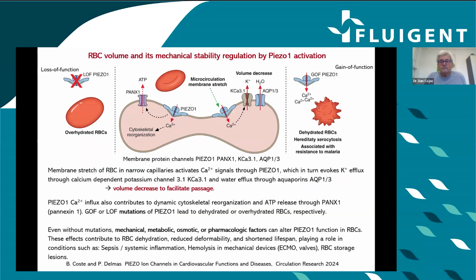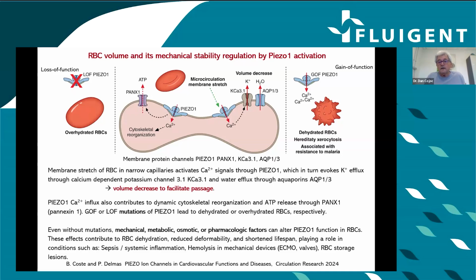In the red blood cell, the volume is regulated by signaling through Piezo1. As you can see in the figure, due to microcirculation, membrane stretch lets calcium ions enter the cell, and this calcium activates another channel, the potassium channel, and also the aquaporins.